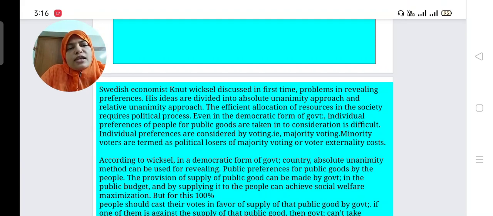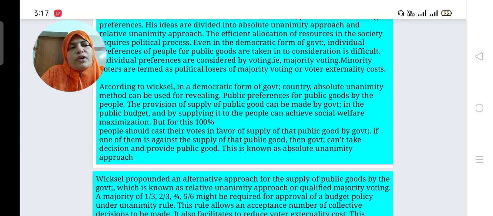According to Wicksell, in a democratic form of government, the absolute unanimity method can be used for revealing public preference for public goods by people. The provision of public goods can be made by the government in the public budget, and by supplying it to the people, social welfare maximization can be achieved.